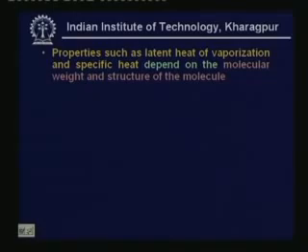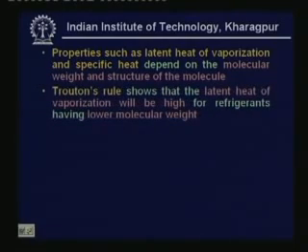Now, properties such as latent heat of vaporization and specific heat depend on the molecular weight and structure of the molecule, and Troughton's rule shows that the latent heat of vaporization will be high for refrigerants having lower molecular weight. Okay. We have discussed Troughton's rule while discussing thermodynamics. So, according to Troughton's rule, if the molecular weight of the fluid is low, it gives rise to higher latent heat of vaporization.